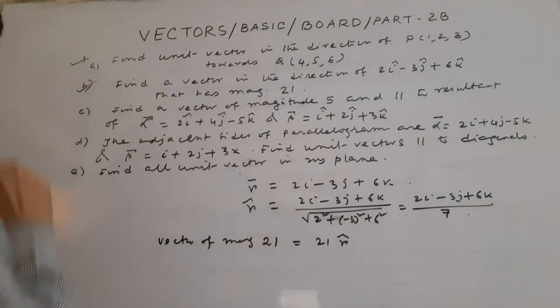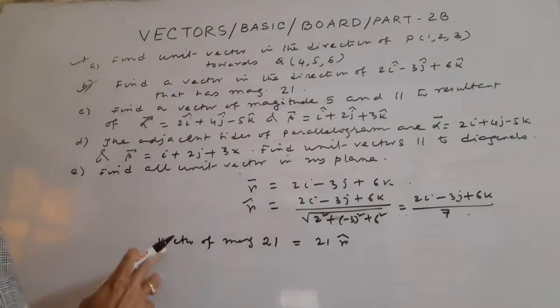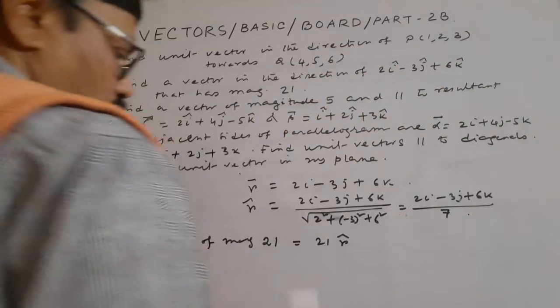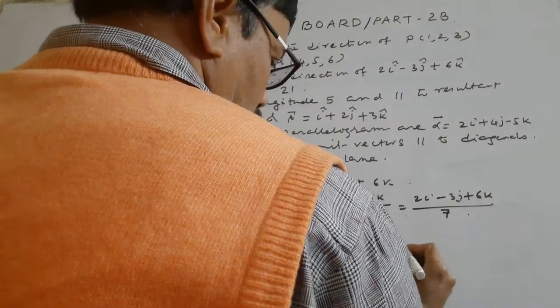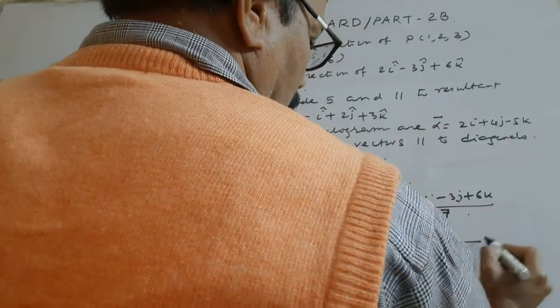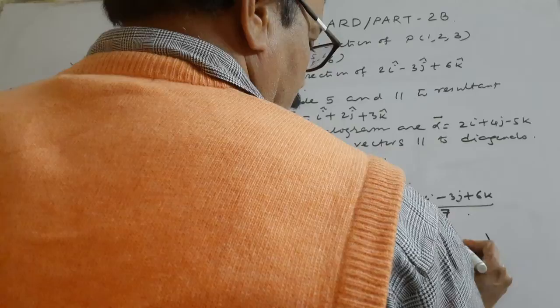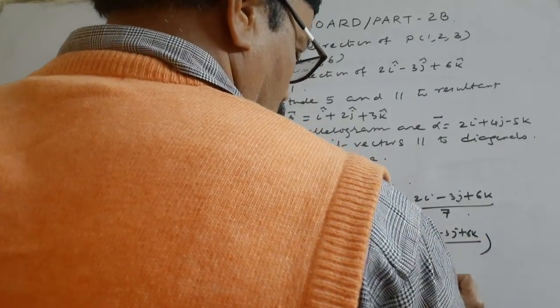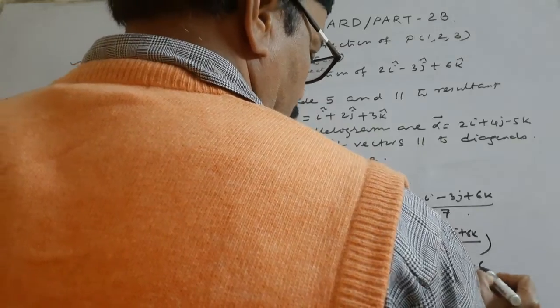21 into r cap. A vector of magnitude 21, obviously in the direction of this, is 21 r cap. So 21 times the scalar multiple of this, 2i minus 3j plus 6k. So 3 into 2i minus 3j plus 6k.